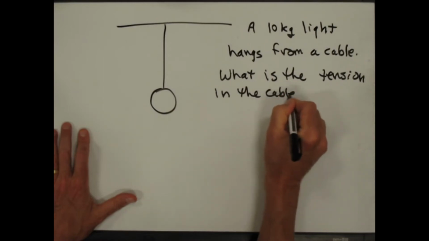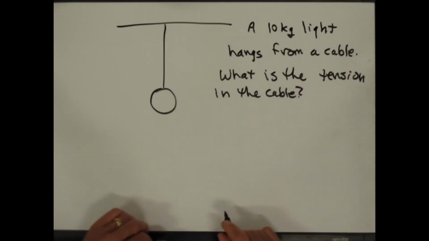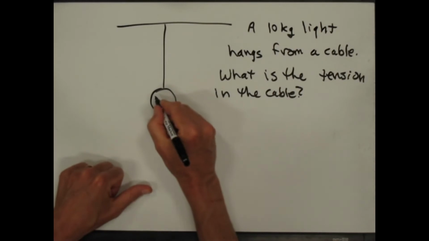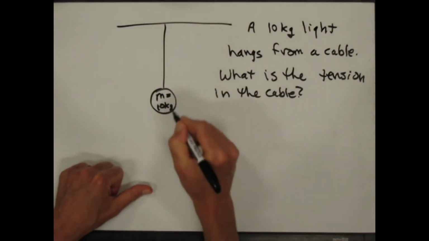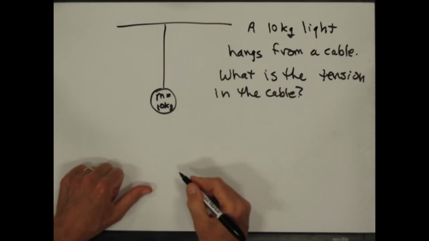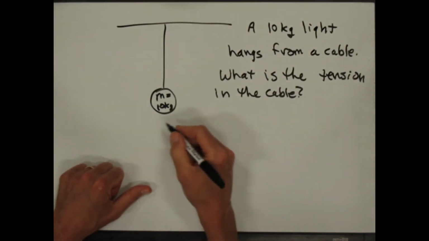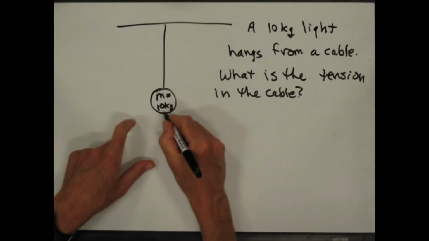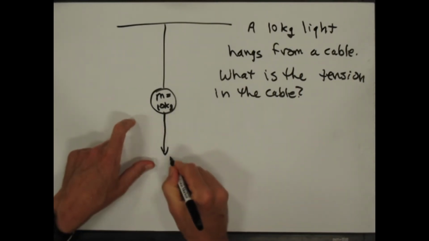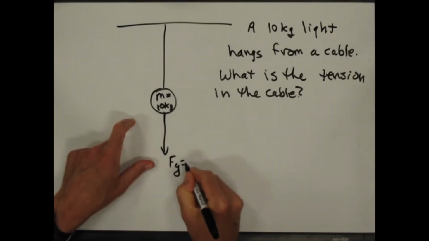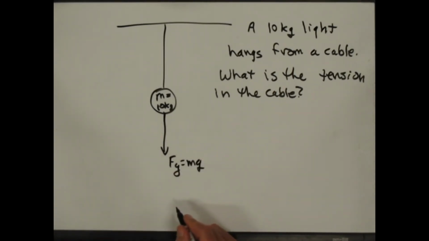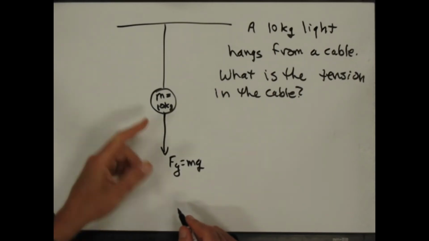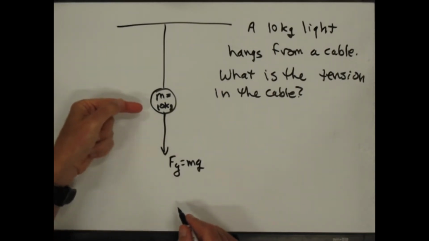A 10 kilogram light hangs from a cable. And so this has a mass equal to 10 kilograms. What's the tension in the cable, right? And so if we look at this guy, we know that he's got a force of gravity acting on him this way, which is mg, right, where m is 10 kilograms and g is 10 meters per second squared.